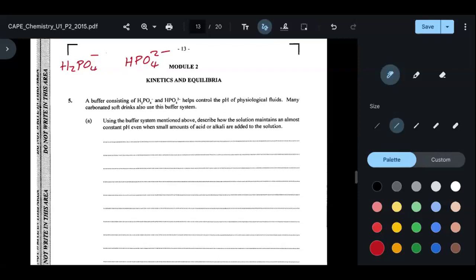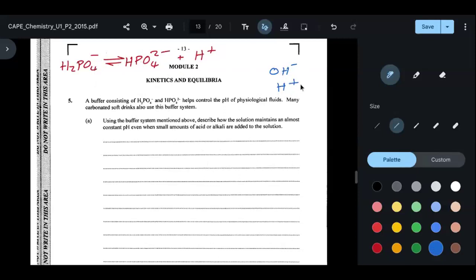The H2PO4 minus, the first one. Right. So this would get converted to this plus H plus. So before even looking at the question, how would this act as a buffer? Remember, with a buffer, when we add OH minus or H plus, this should be able to counteract the change.